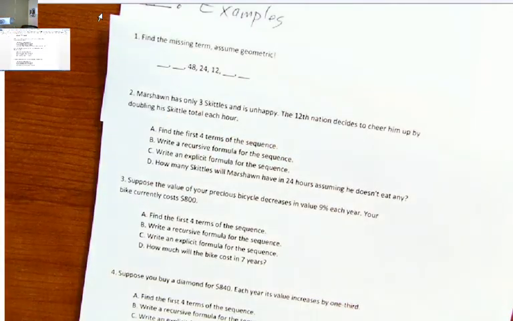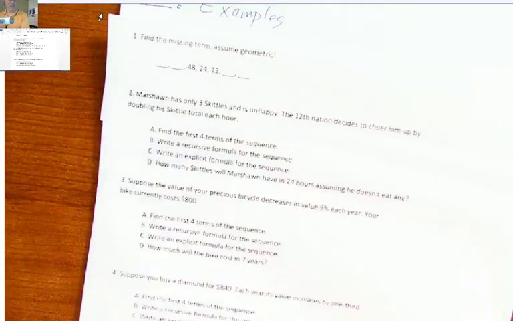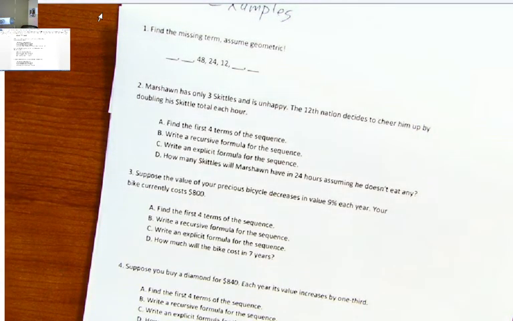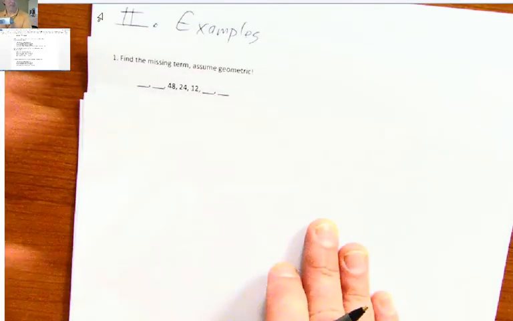All right, Elliot's back. Let's do some examples. First example. If they give me a list of numbers here, and they tell me that it's a geometric sequence, how would I find the numbers before and after it?